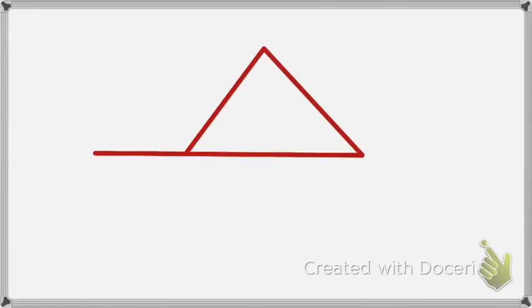Okay, one of the triangles that did come up was something like this. All right, we call that an exterior angle. Okay, the rule for exterior angles is that the exterior angle is equal to the two opposite interior angles.